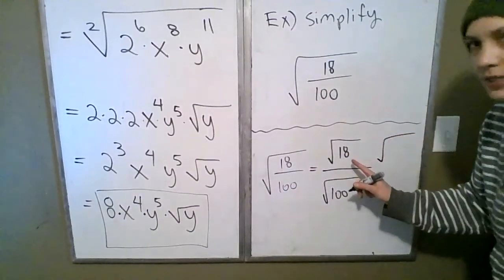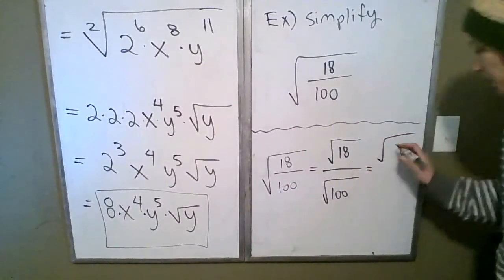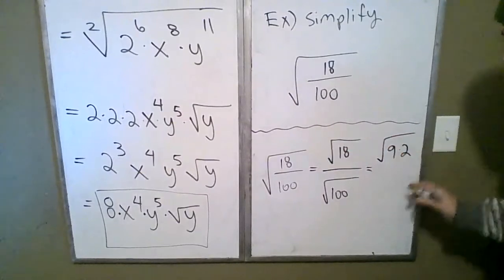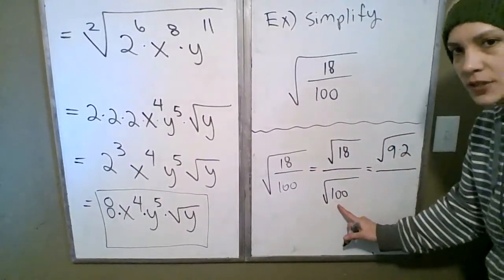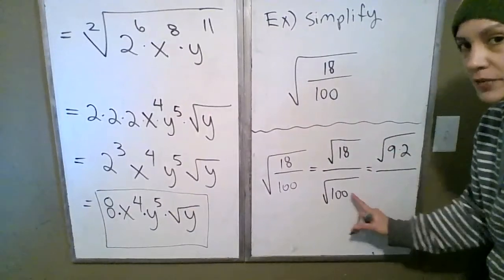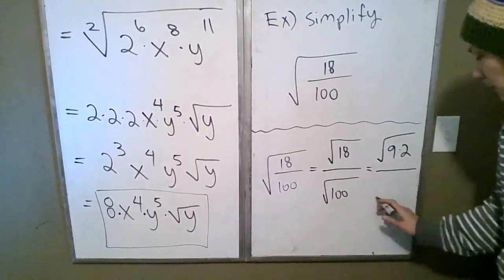Okay, factor 18, we could write it as 9 times 2. And let's write 100 as 10 squared. That way I can have a power of 2 and match that root 2.